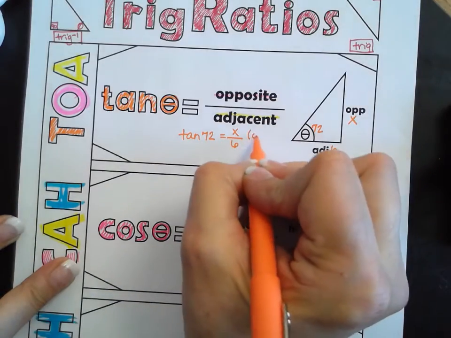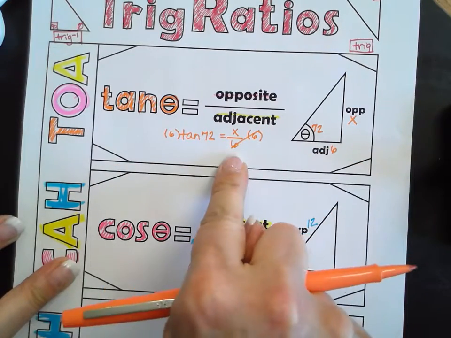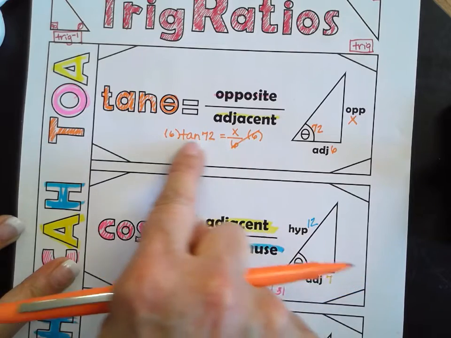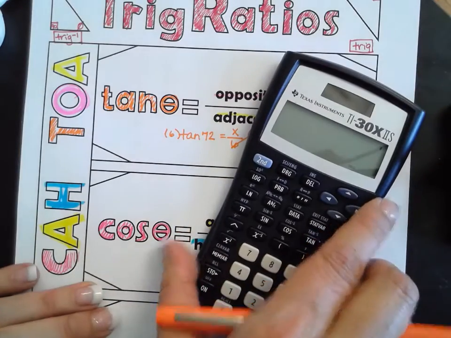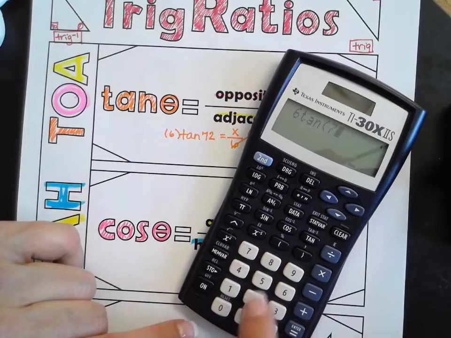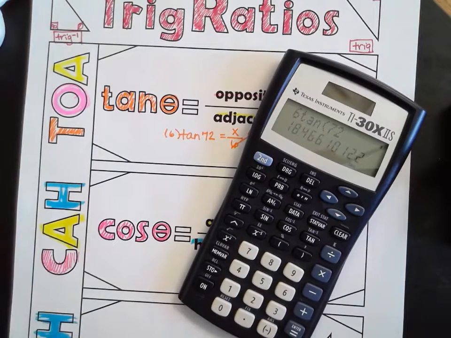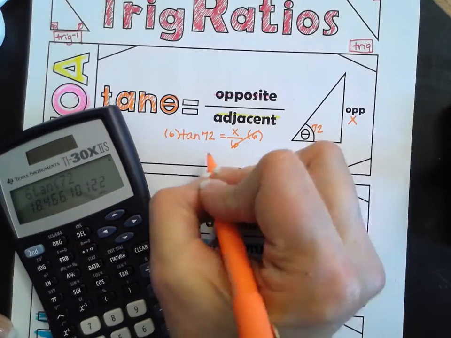So if I multiply both sides by 6, the 6's cancel out, and so x is just 6 tan 72. And you literally don't have anything else to do but plug in 6 tan 72, and x is 18.47.